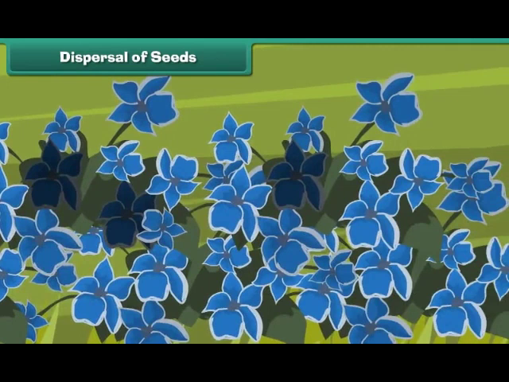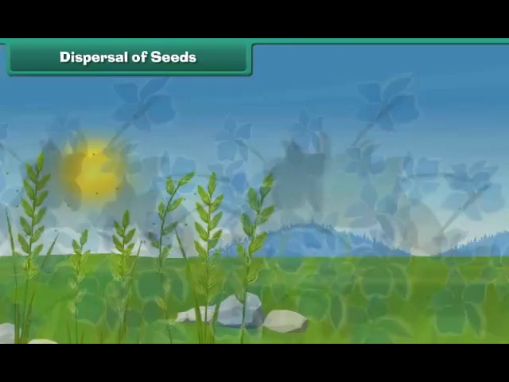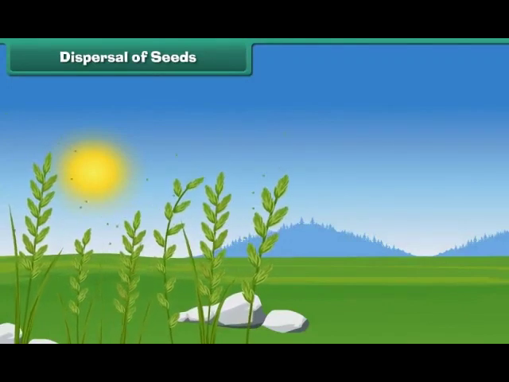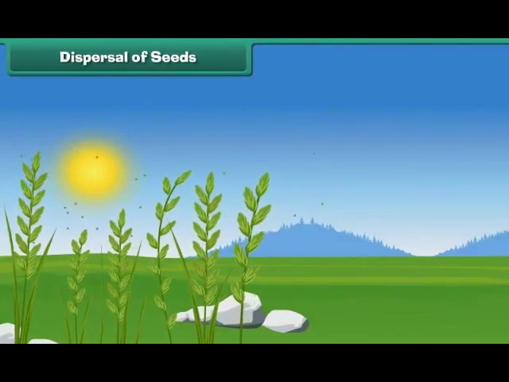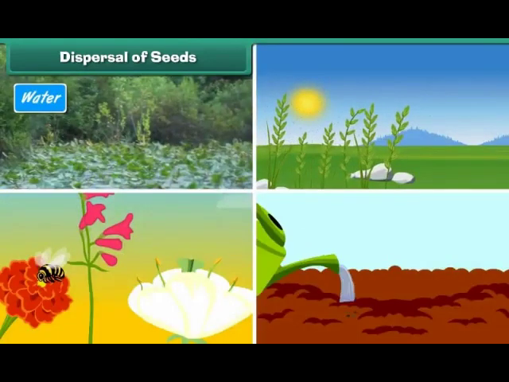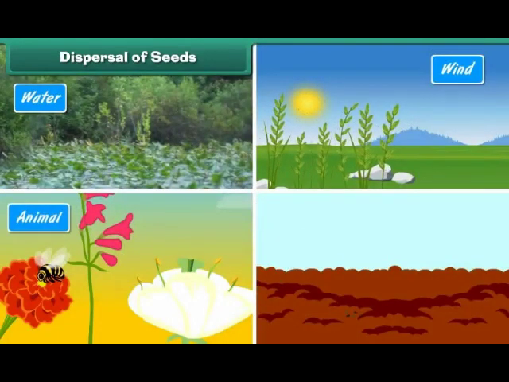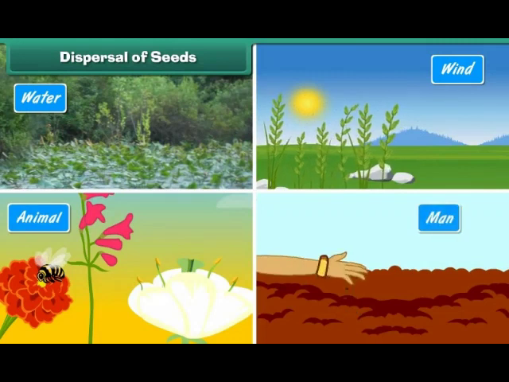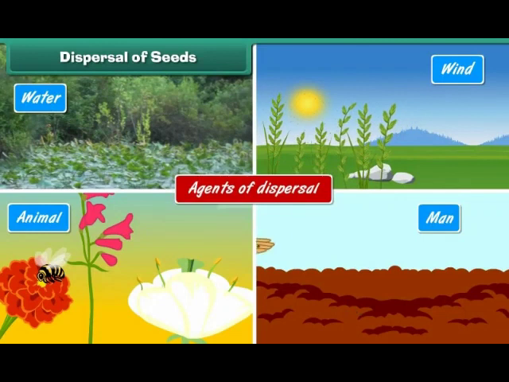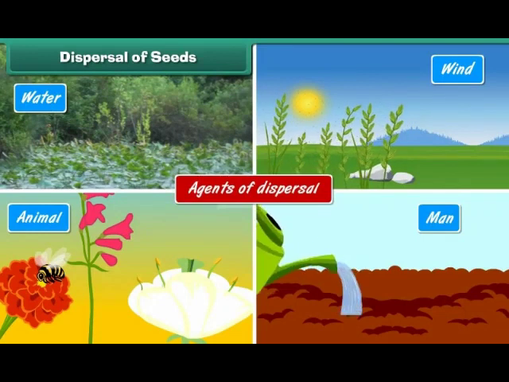So, it is necessary that the seeds of plants should be scattered over large distances. Nature has arranged some methods of seed dispersal in many ways, like by water, wind, animals, and even man is useful in dispersing seeds. These are known as agents of dispersal.